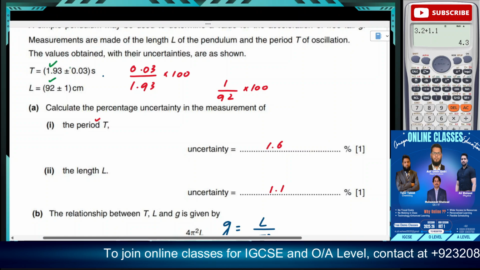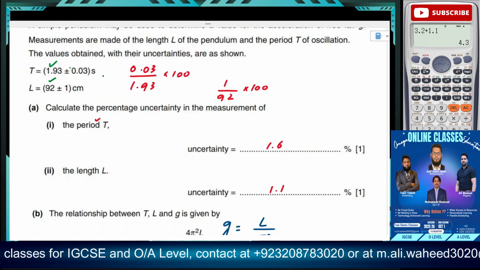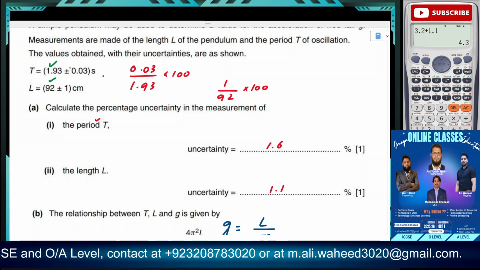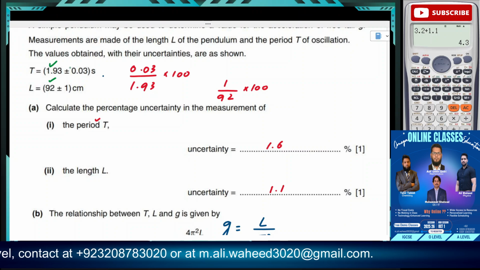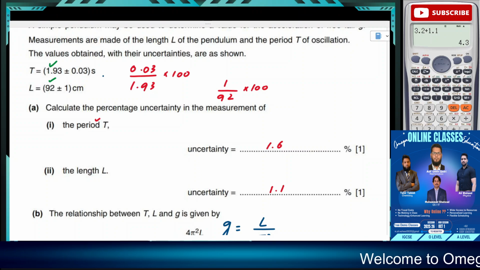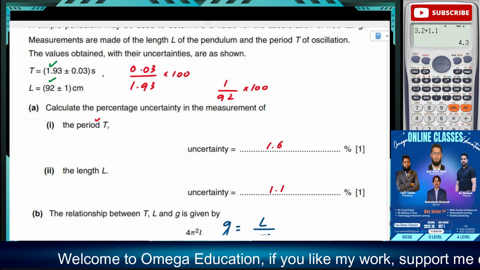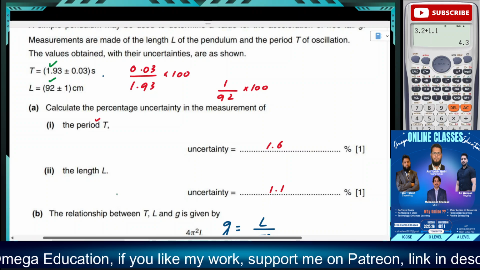The general rule is the final answer should be in the least number of significant figures, or you can add one more. So the maximum number of SF that should be there in the value of g should be 3. You cannot go more than that, because you cannot have more significant figures than the raw data.